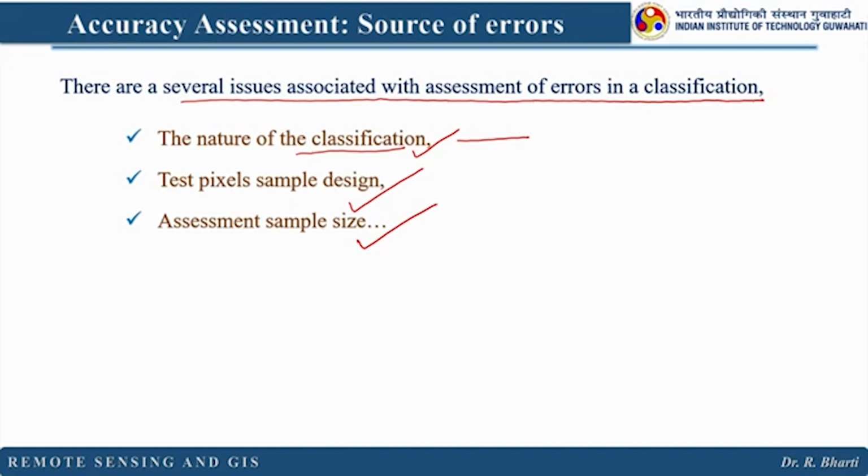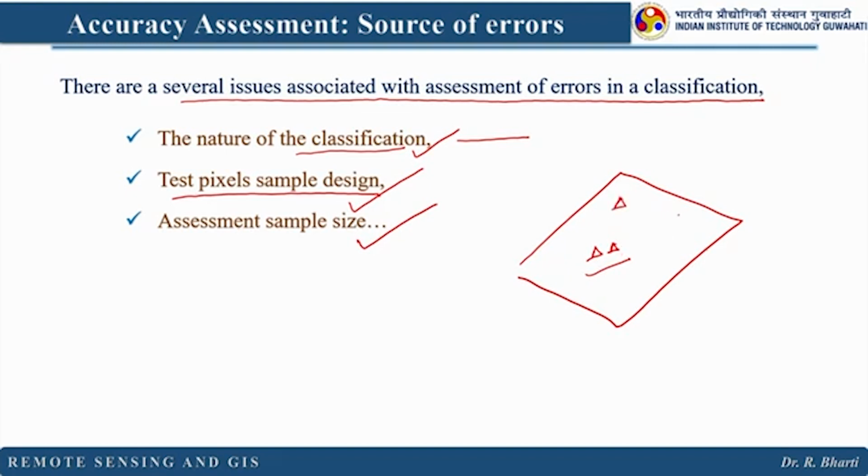The next is test pixel sample design. How did you design your test pixels? Suppose you use immediate neighbors, that will introduce more error. If you distribute the test pixels across your image, then your accuracy estimate will be better. Then the third one is assessment sample size.